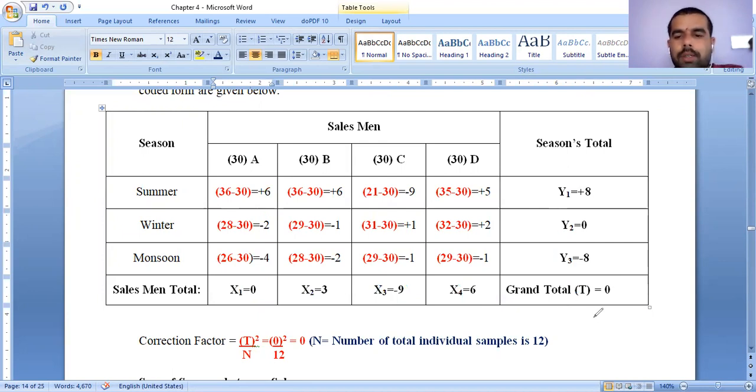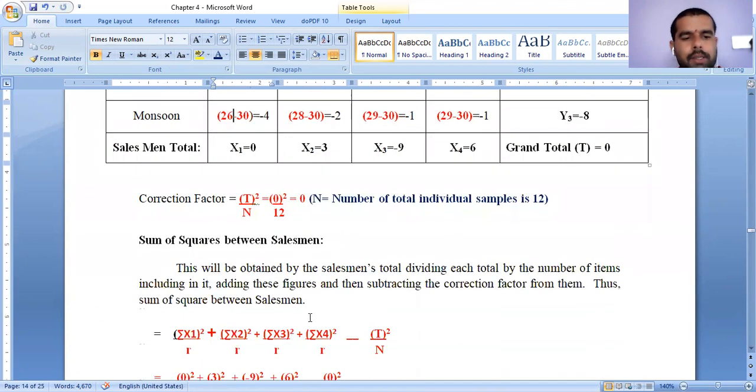After getting all these sigma values, observe carefully: sigma x1, sigma x2, sigma x3, sigma x4, sigma y1, sigma y2, sigma y3, sigma y4.